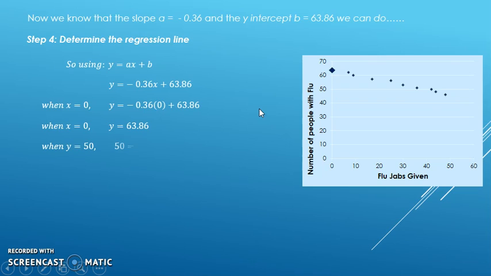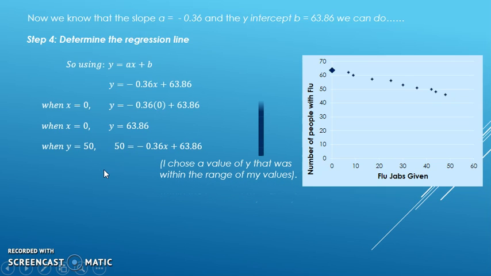Next, I'm going to choose a value of y equals 50. So when y equals 50, I will put 50 instead of y here. So minus 0.36x plus 63.86 is equal to 50. Now, why did I choose 50? I chose a value of y that was within the range of my values, and my values ranged from 48 to 62.